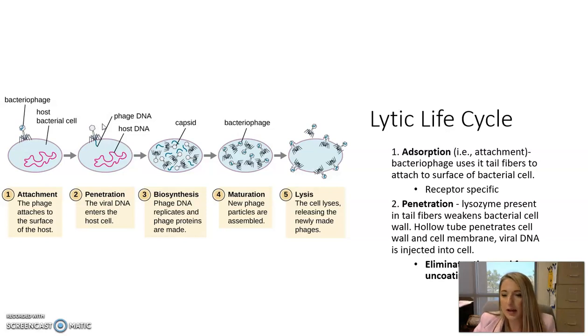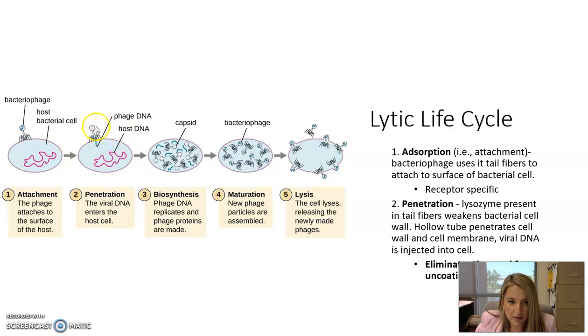It either still had its envelope on, still had its capsid on, or potentially even a capsid and the envelope. But at bare minimum, when the virus entered the host cell, the genetic material was still encased inside of the capsid. And for that reason, we needed an uncoating stage to release the digestive enzymes, break down the capsid, and release the genetic material. It's not the case with bacteriophages.